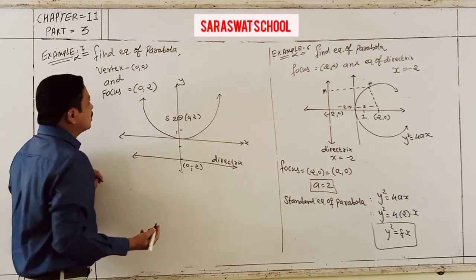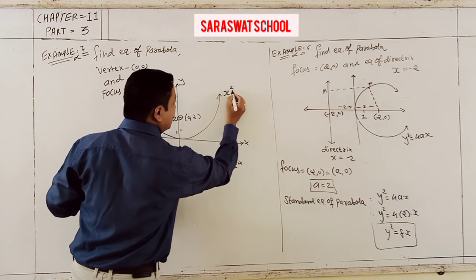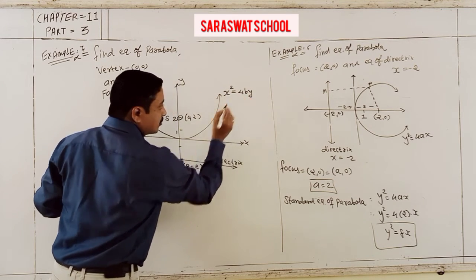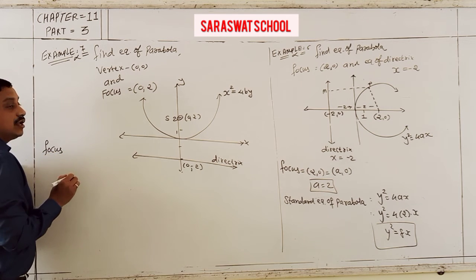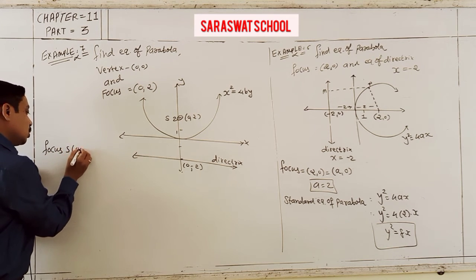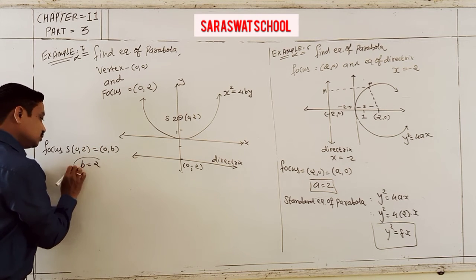Don't worry, the directrix is not given, but the vertex is given. So very easy, your equation is x square is equal to 4by. So according to the focus, you will compare with 0, 2. I will write 0, b. b is equal to 2.